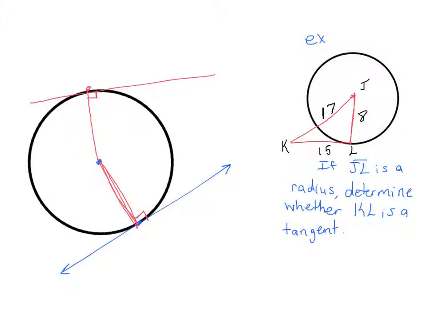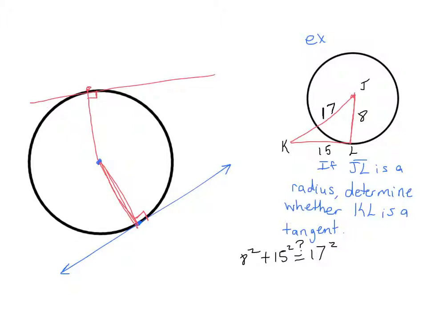So if this is a right triangle, what relationship holds true for the sides of a right triangle? If you said the Pythagorean theorem, you are correct. So if this is in fact a right triangle, then 8 squared plus 15 squared will equal 17 squared. And this is a question right now. We're not sure. We have to test it out.